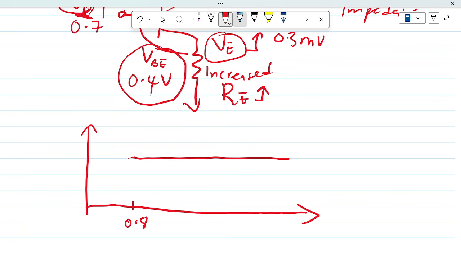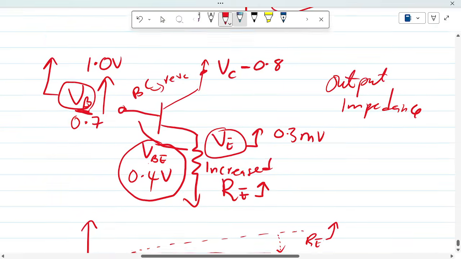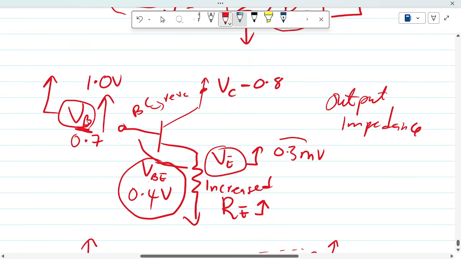Before 0.8, the device cannot behave as a current source. Of course, we know there's early voltage too, but assuming I've been able to reduce the slope because of my emitter degeneration resistance.